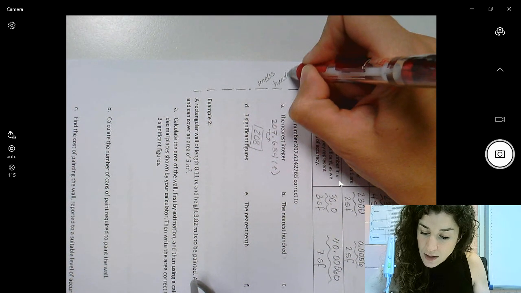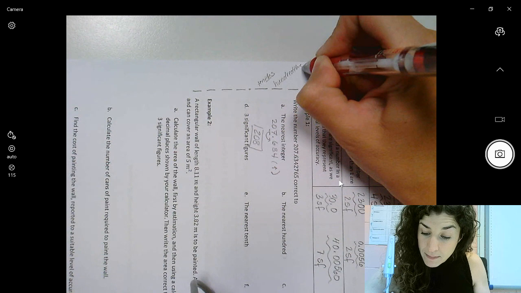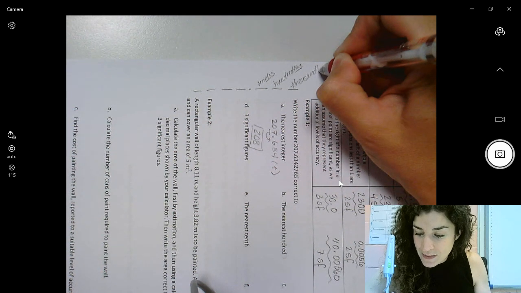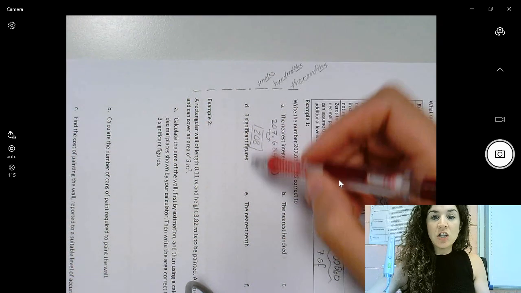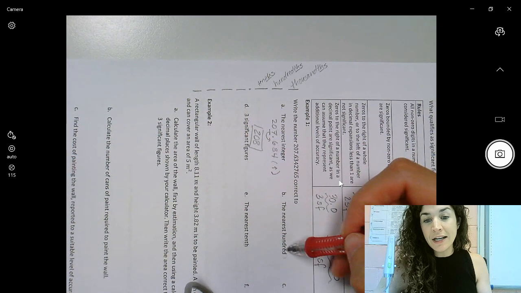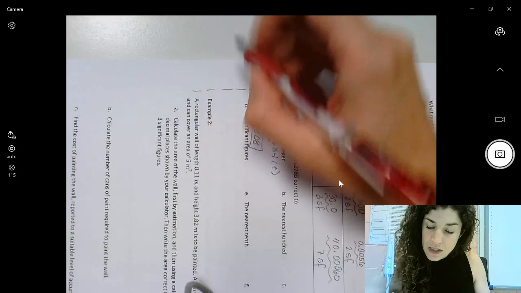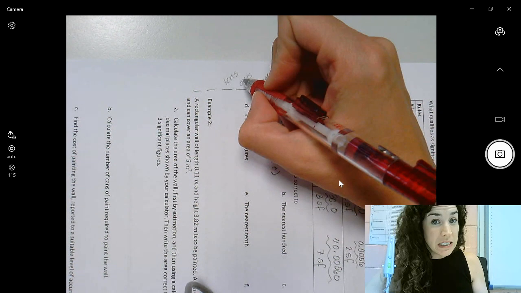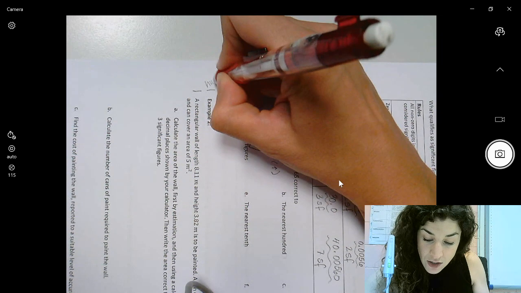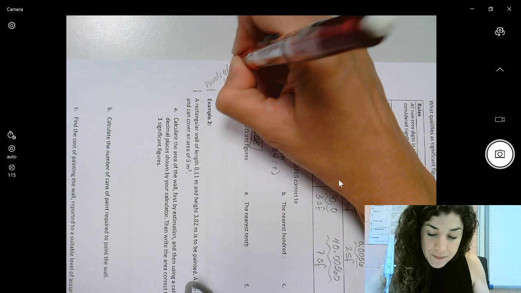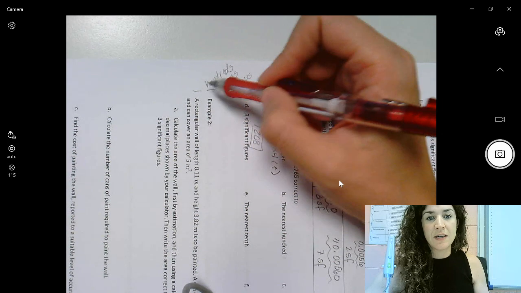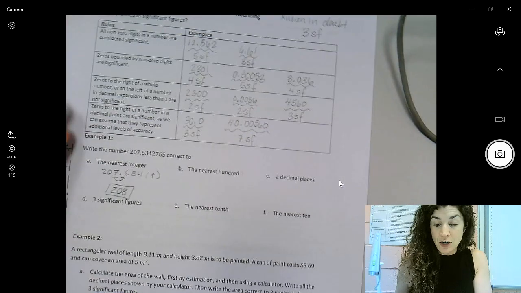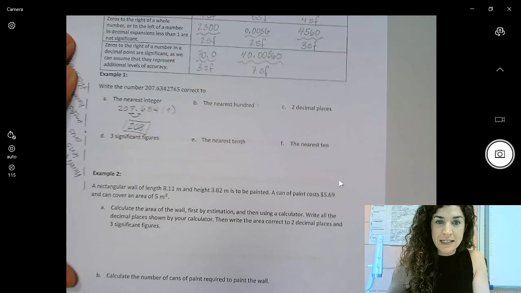This is your hundredths place. This is your thousandths place, right? Notice though that when it says to the 100, that means that this is our ones place, our tens, no th place, our hundreds place is right here. This one would be your thousands place.